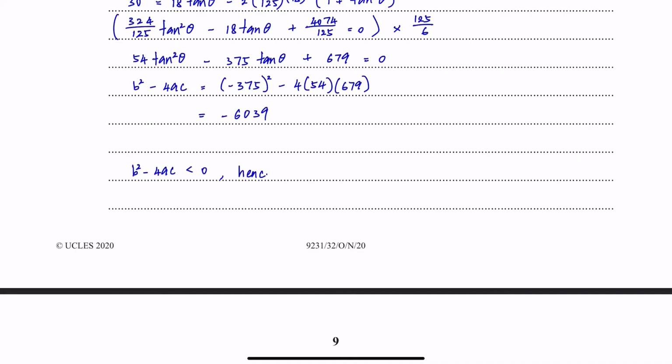Hence, there is no real solution for theta when P passes through point 1830. Done.